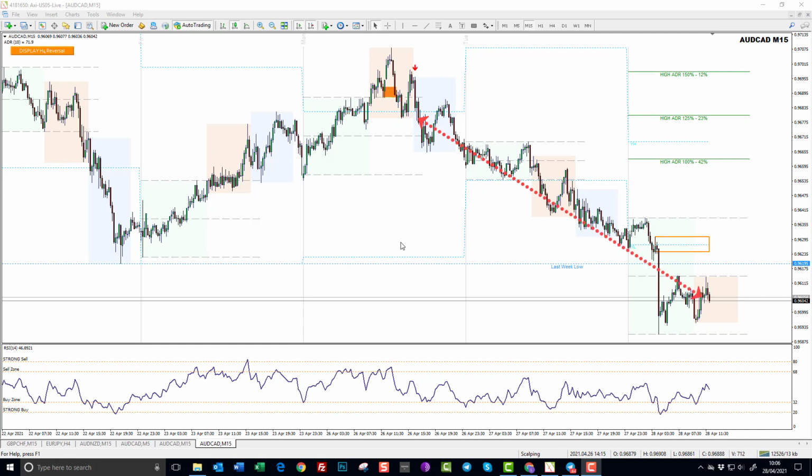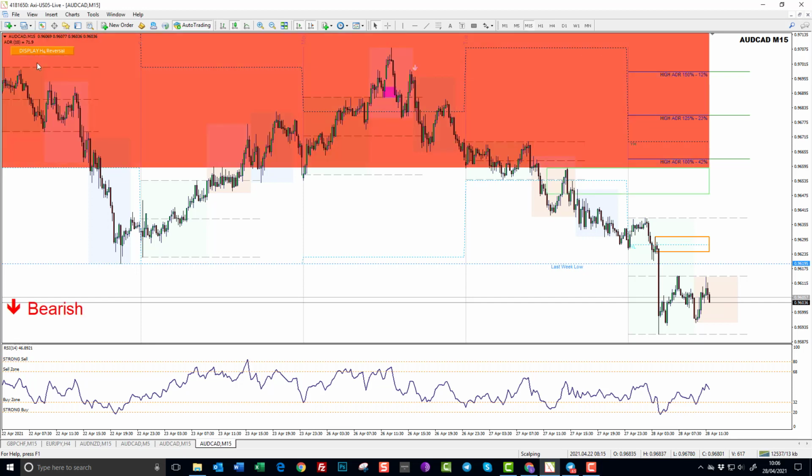The reason this trade would have been taken is because the H4 directional bias was telling us to go short. If we turn on the H4 reversal bias here, we'll see that the indicator is telling us that the market is currently bearish, because the last reversal alert received on the higher time frame, in this case H4, was a bearish reversal.